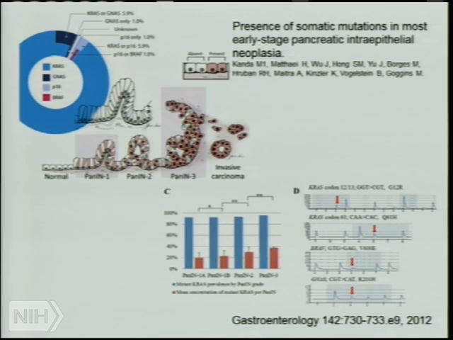And in fact, in early pancreatic intraepithelial neoplastic lesions, 95% have KRAS mutations. 95%, the vast majority. And when you look at progressively worsening intraductal lesions, PanIN 1A, 1B, 2, and 3, there's not much of an increase, which is all consistent with the idea that KRAS is fundamentally the important oncogenic driver and the source of pancreatic cancer.